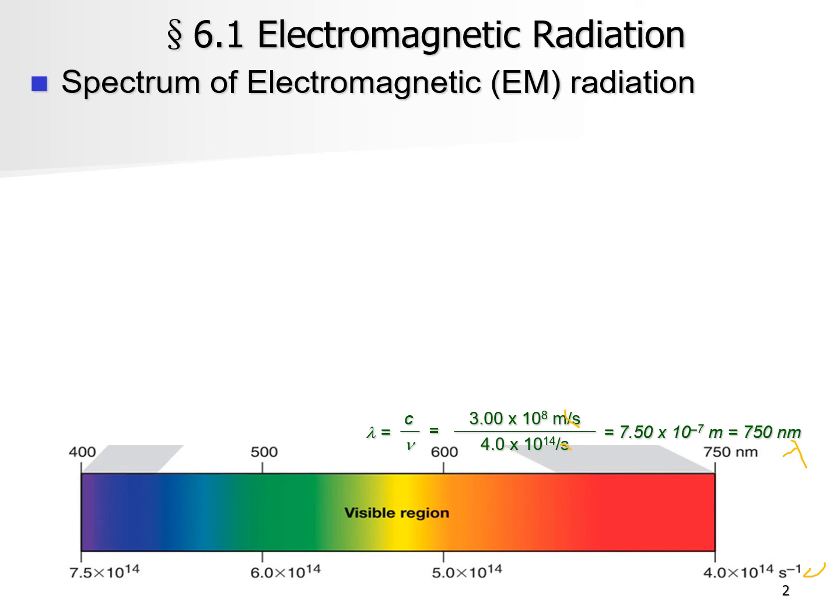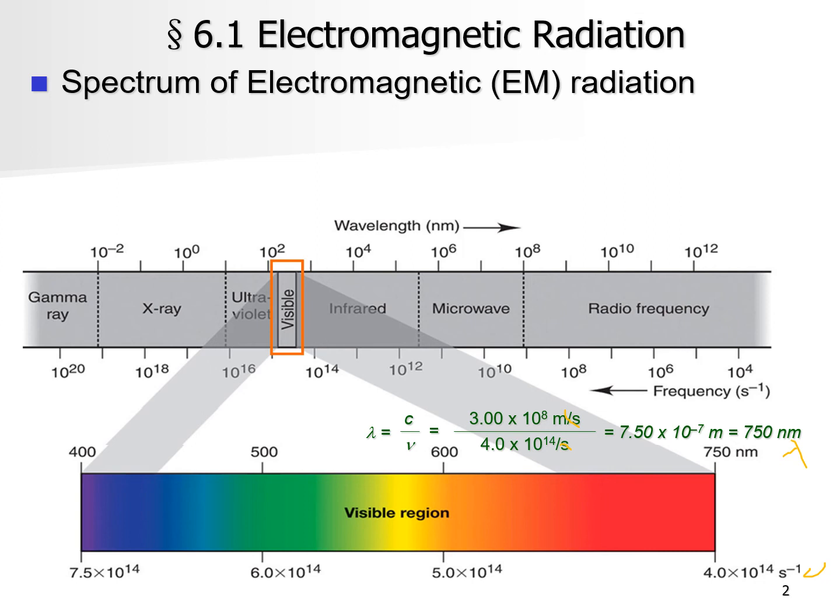When we look at light with various colors, we call this the visible region, because we can actually see the light in different colors. But this forms just a very small and narrow range of a much, much broader spectrum of electromagnetic radiation.